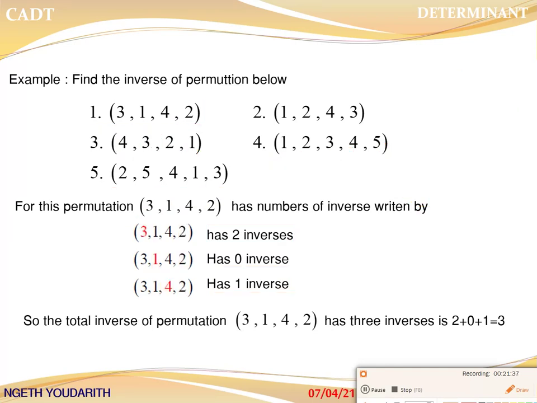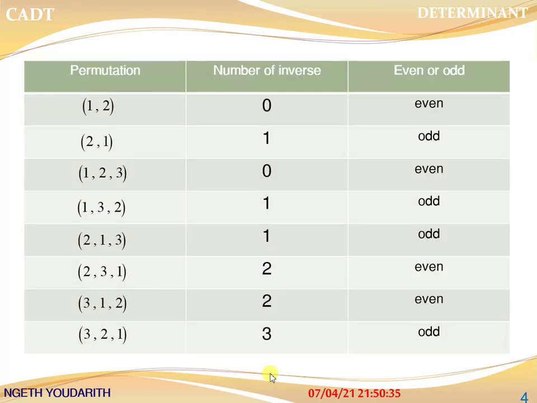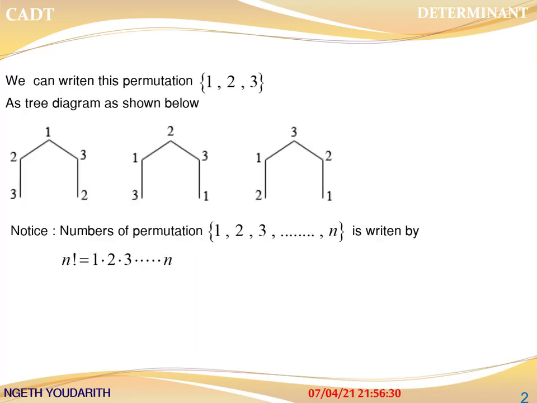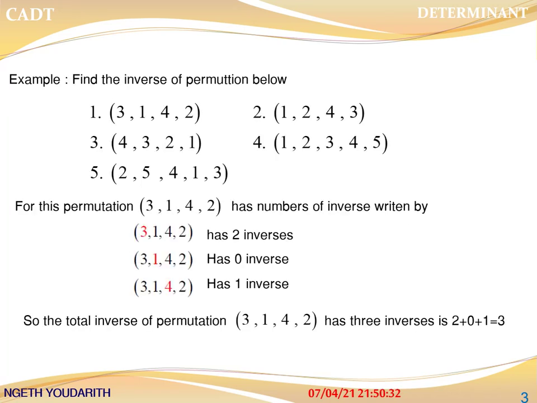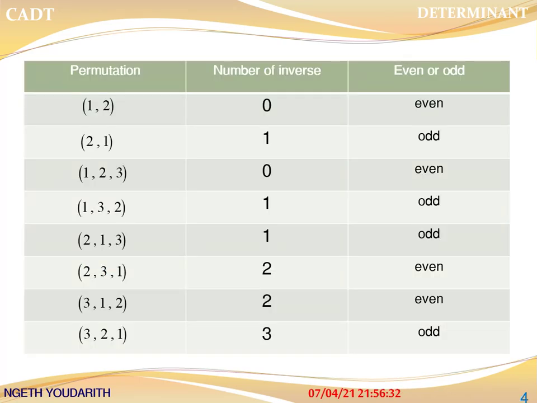And the next, we go to the number of inversions of a permutation, and whether it is even or odd.